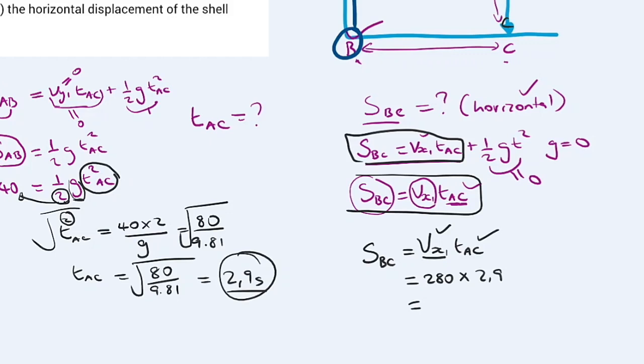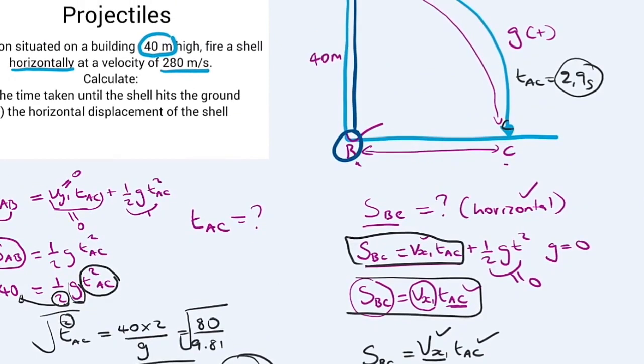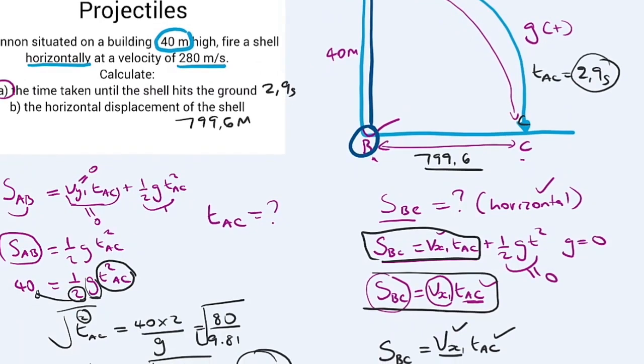Then this is going to give you 799.6 meters. That is the distance for this part. Then that means you've got the answer that they were looking for. Here the time it takes is 2.9 seconds. Here the distance is 799.6 meters. It is how you calculate such a question.